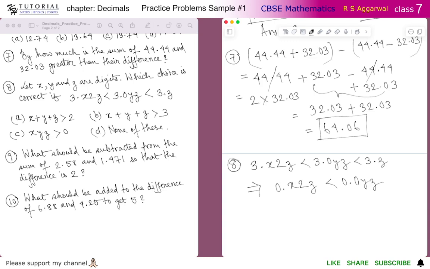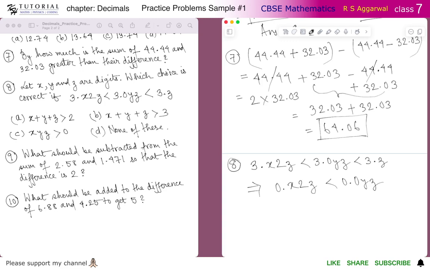Now we have to compare the decimal part. First we have to compare x. The first digit of the first decimal part is x, and the first digit of the second decimal part is 0. Now x, as you can clearly understand, has to be less than or equal to 0.